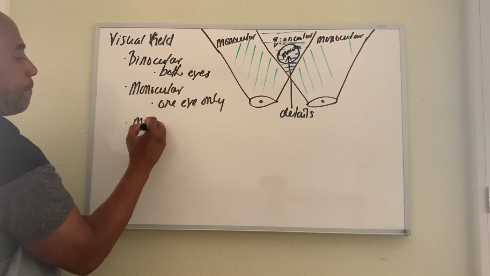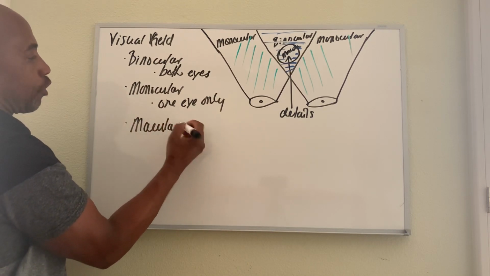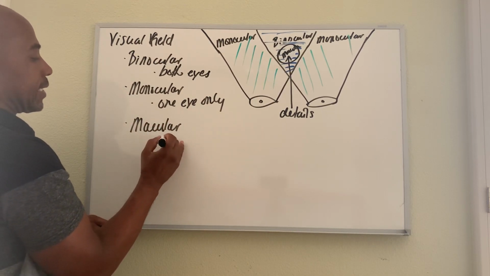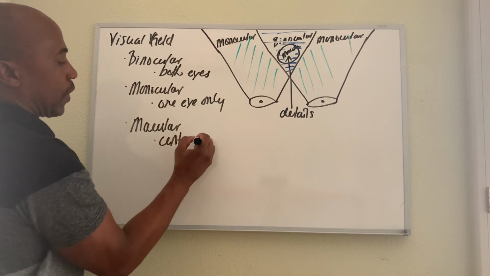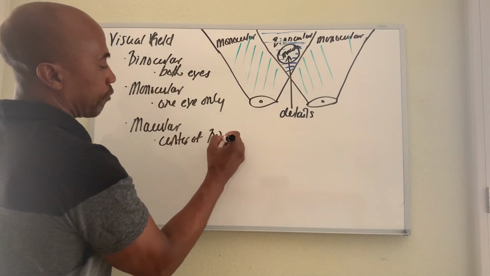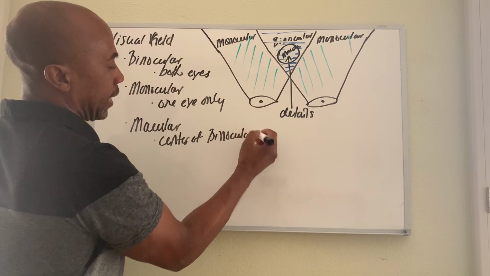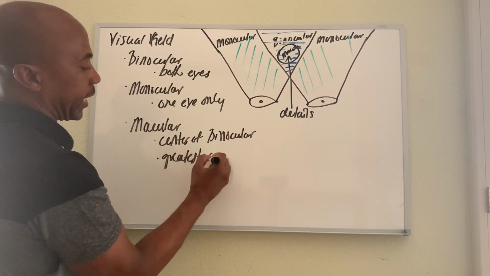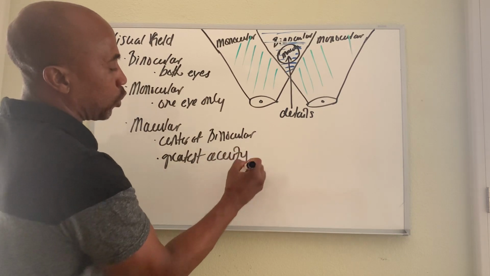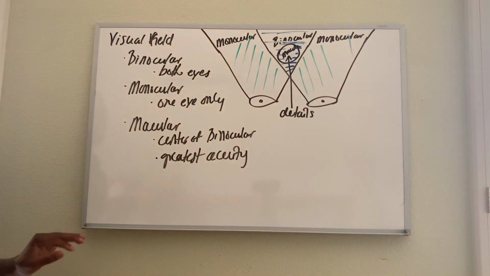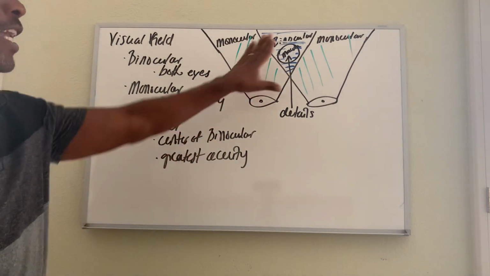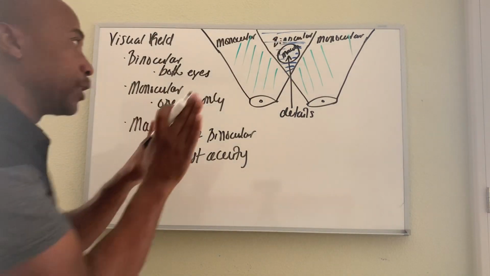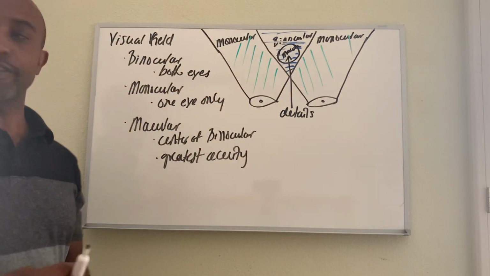And your macula or macular field is in the center of the binocular field. And that's where you have the greatest acuity or visual detail, sharpness. Eyes always try to put the image right there. That's why your eyes are always moving to put the image right there in the macular field.